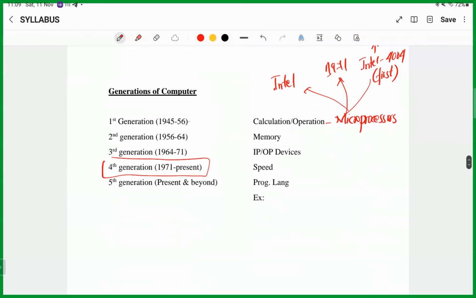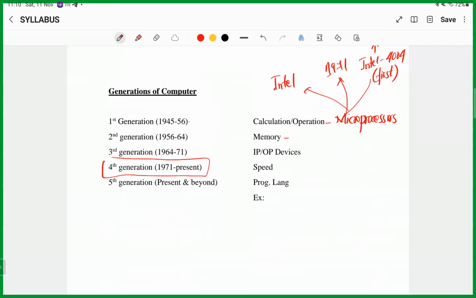Moving forward, talking about the memory. What type of memory do we use now? What type of memory device do we use to store? Do you know it? RAM. Okay, RAM is a name, that's basically random access memory. ROM, no, I'm not talking about it. What type of device do we use?